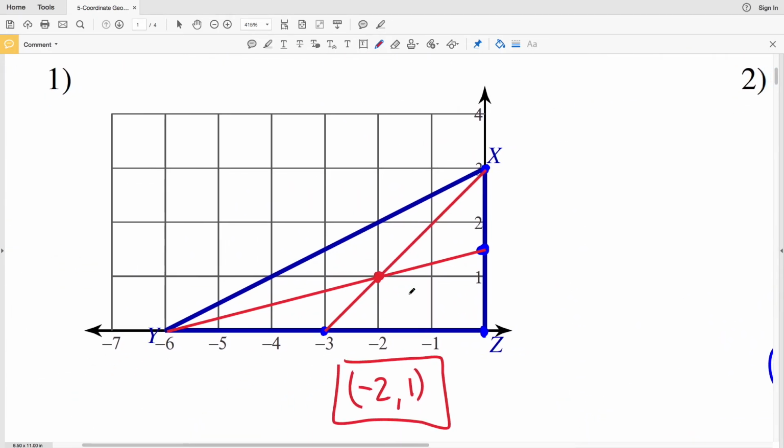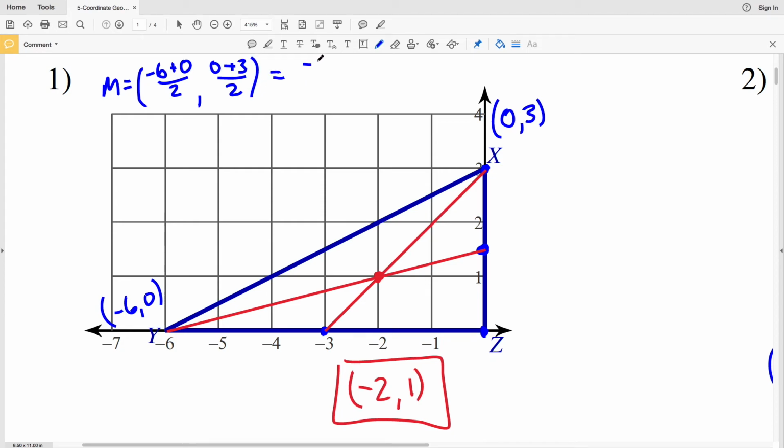We already have the midpoints of 2 separate sides, so let's find the midpoint of YX. Y occurs at -6, 0, and X occurs at 0, 3. So the midpoint is going to equal -6 plus 0 over 2, comma, 0 plus 3 over 2.